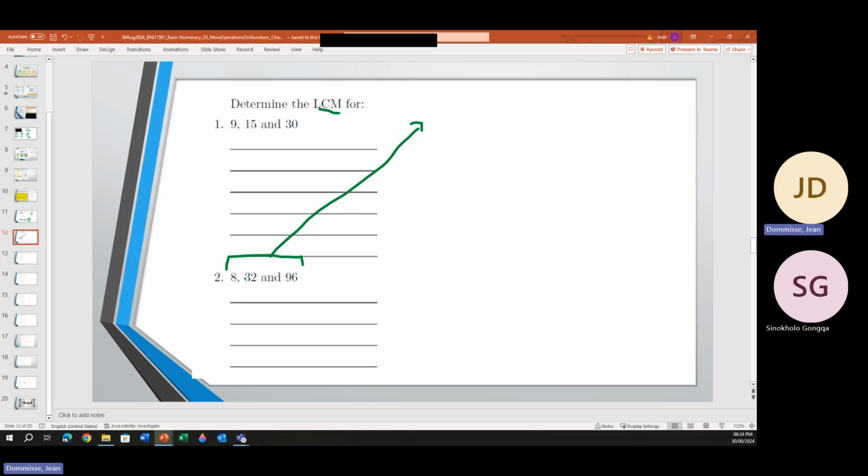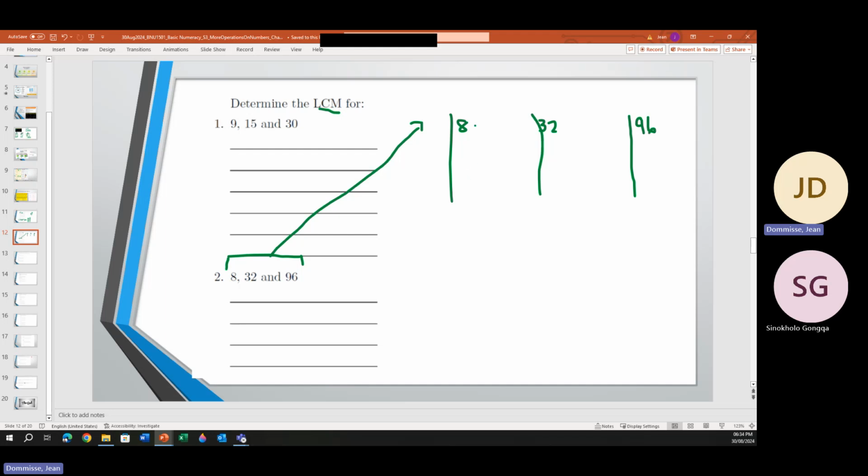Feels to me a bit more difficult than the first one. So let's look at that. We're going to check what is 8, what is 32, and what is 96. And then out of those, we get the lowest common multiple.